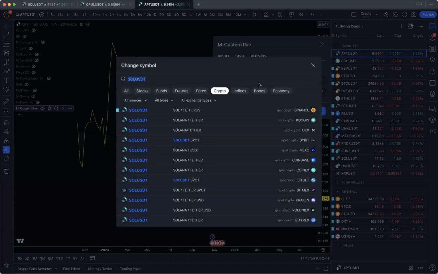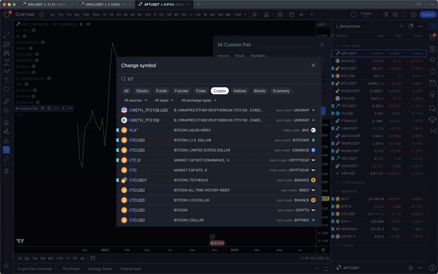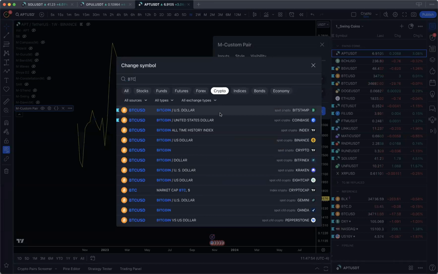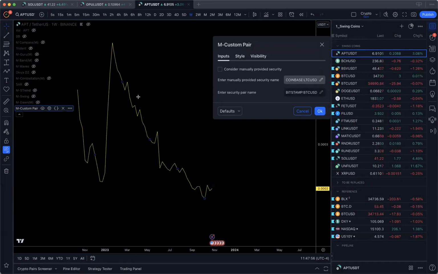Yeah, you can choose any coin. So we're comparing BTC, so we select BTC. So this is APT versus BTC. This is not a trading pair on an exchange. This is mathematically calculated, simply using the APT price compared to the BTC Bitstamp price, and that's all.